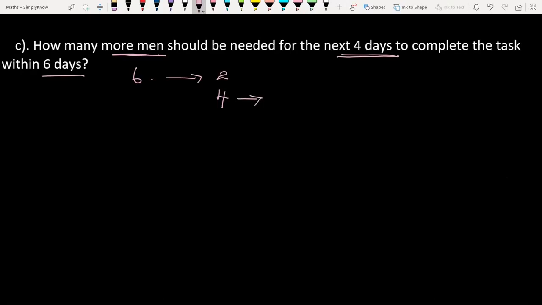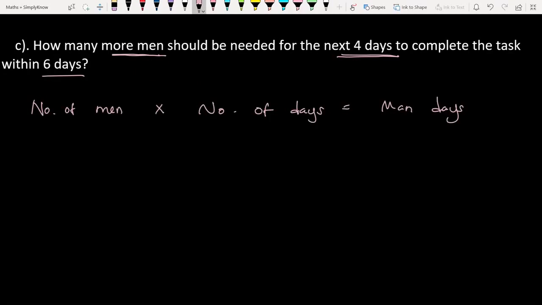Let's find out. Let's use our equation. Now this is a task which is performed by 10 men using 8 days. So the magnitude of the task is 80 man days. But in this situation, 12 men work for the first 2 days.